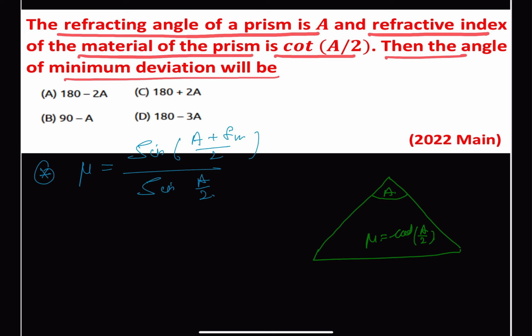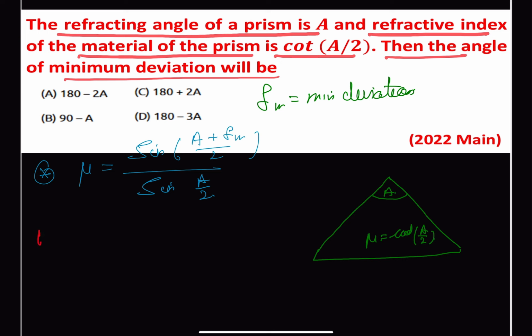Okay. We can say our delta m is minimum deviation. And mu is given to us as cot of A by 2. So we can substitute it.